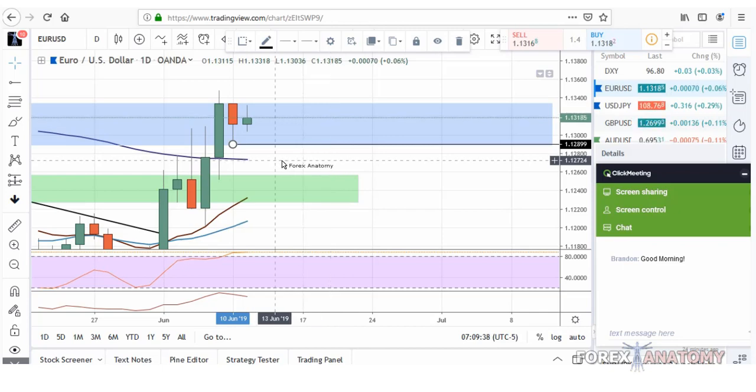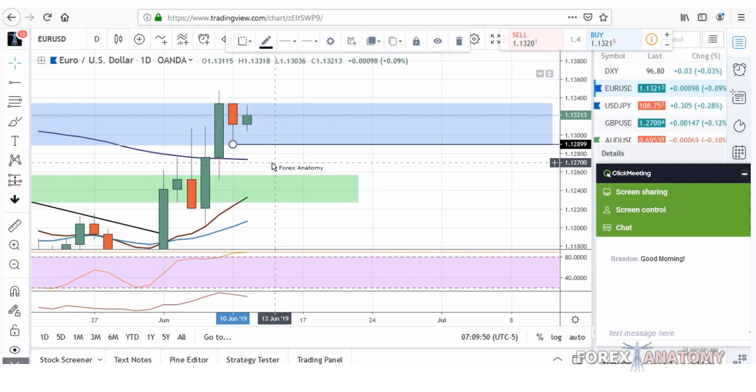We have PPI numbers coming out in a little bit, which may also influence the price action in the dollar. But we're seeing a little bit of weakness in the US dollar, despite the support among Treasury yields. Now, if we go to the US 10-year Treasury yield, we may see signs of things changing. But for the sake of this webinar, we're going to just stick with what we see here.